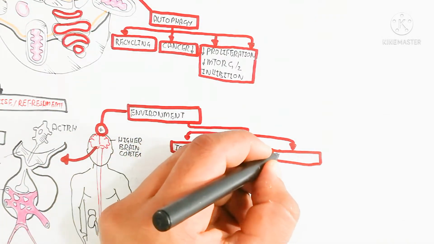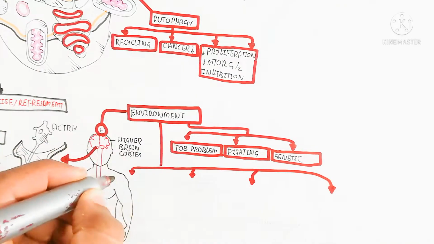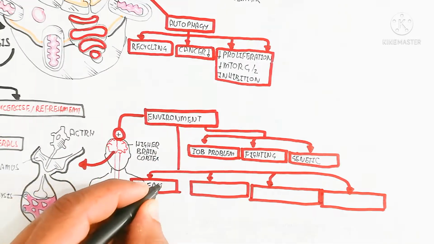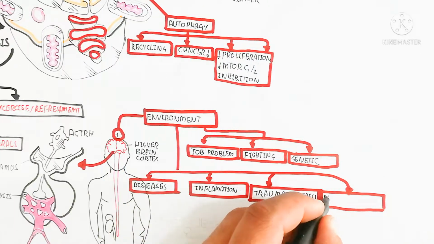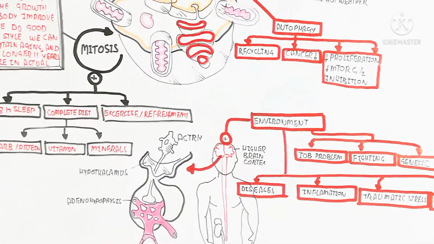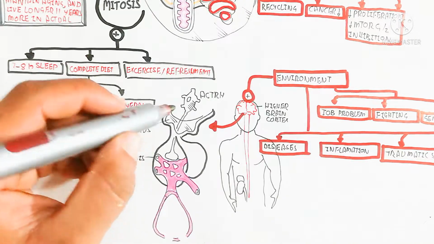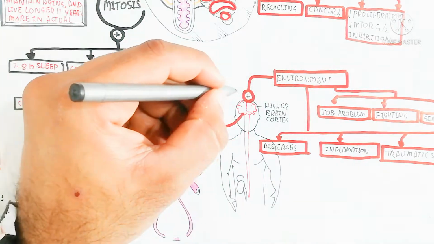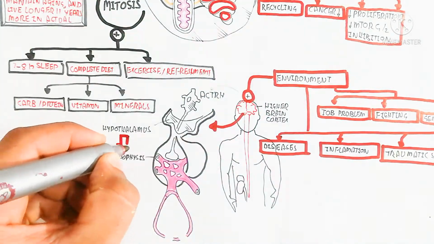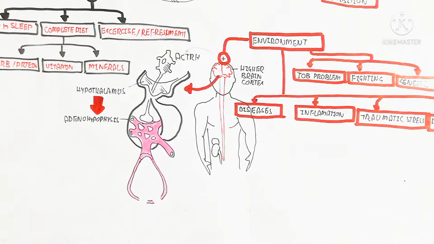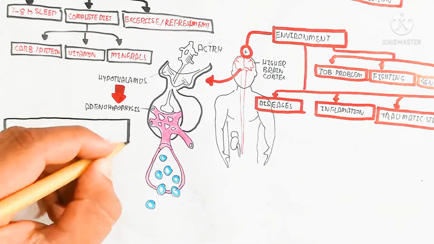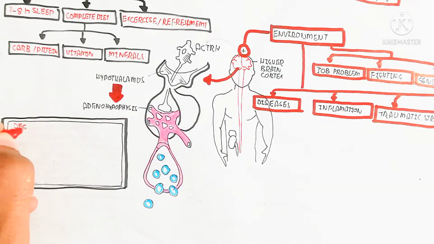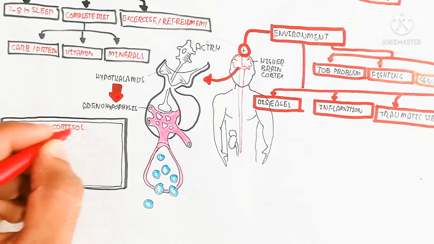On the other hand, the environment can include diseases, inflammation, traumatic stress, and drug abuse. All these things give the higher brain cortex signals from the outer environment to stimulate the hypothalamus to produce the releasing hormone during sympathetic nervous system activity, while the parasympathetic nervous system is inactivated.